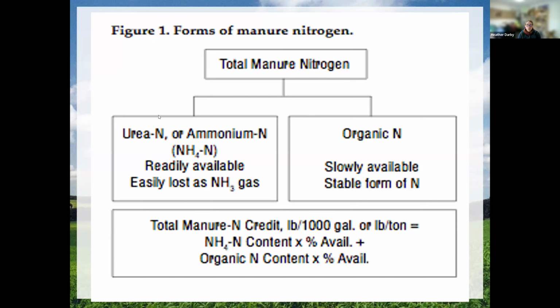So your total manure nitrogen credit that you're going to get for your crops will be dependent on these two sources and how much we think we're going to get. Okay, it's a complete estimate. So, we're not measuring it in the soil. We're taking what you're adding. We got to know the quality of it, which is why we need a manure test. And then we look at your management and the soil type, some other factors. And then we try to estimate how much you'll actually get for that crop. Okay.